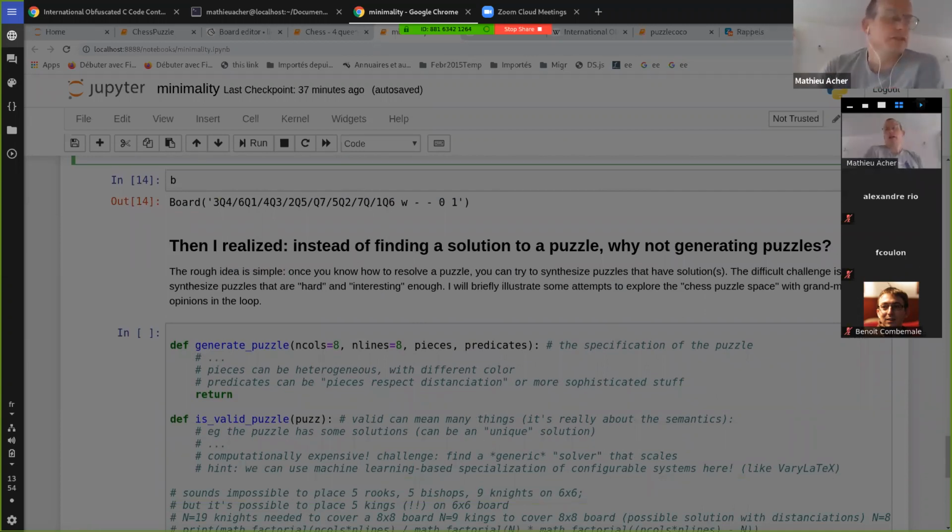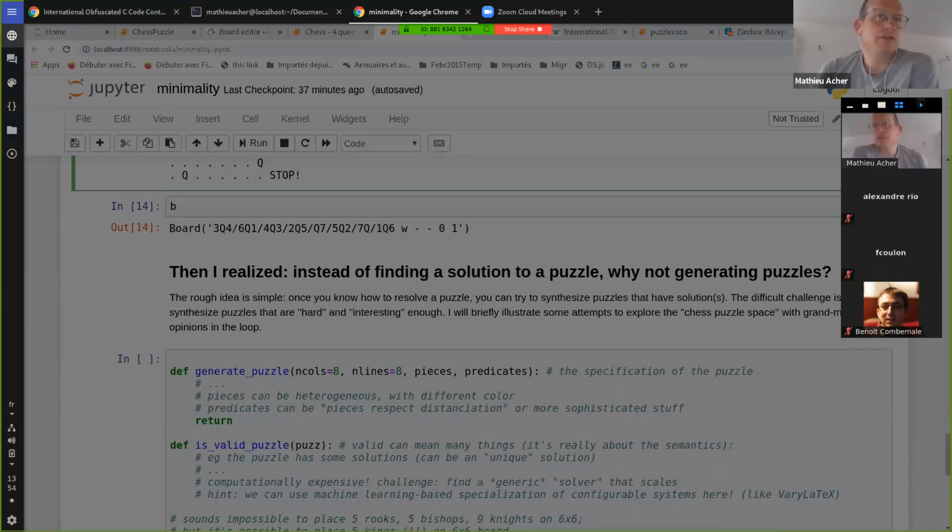And then moving forward, I was thinking, okay, now maybe it could be very interesting to generate puzzles instead of just finding solutions to puzzles.